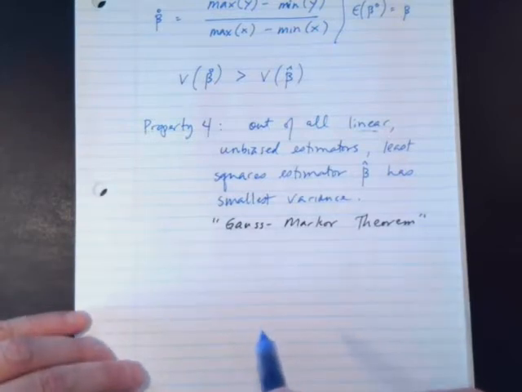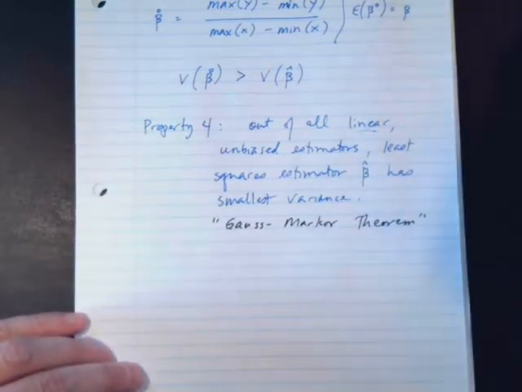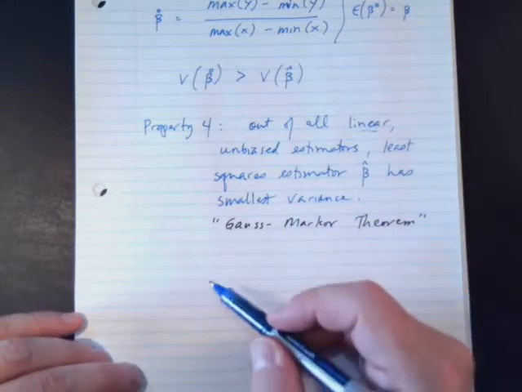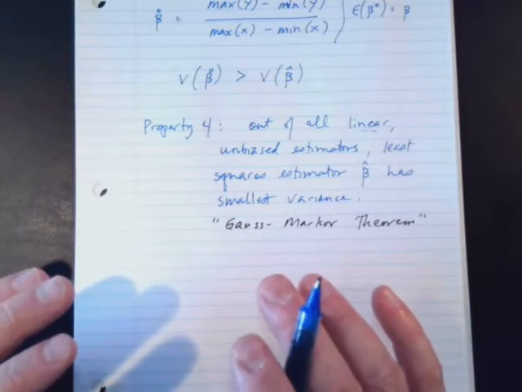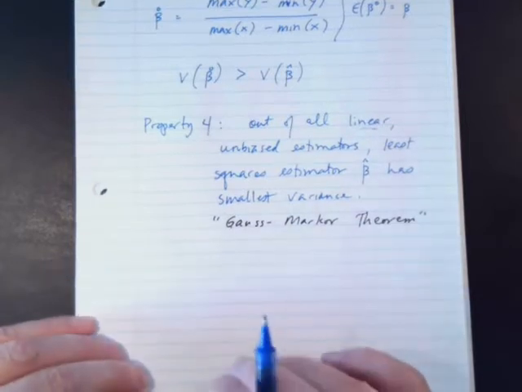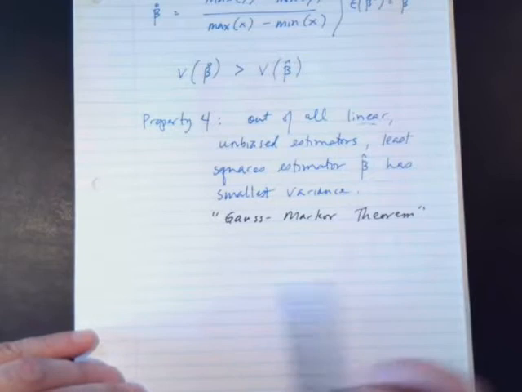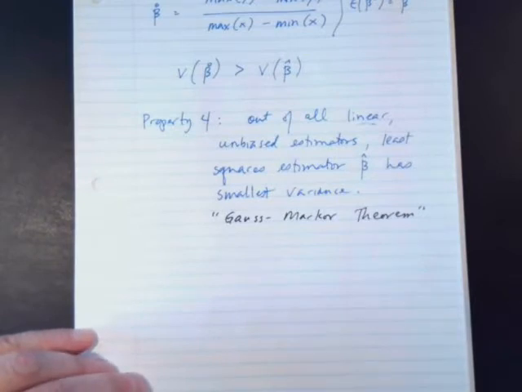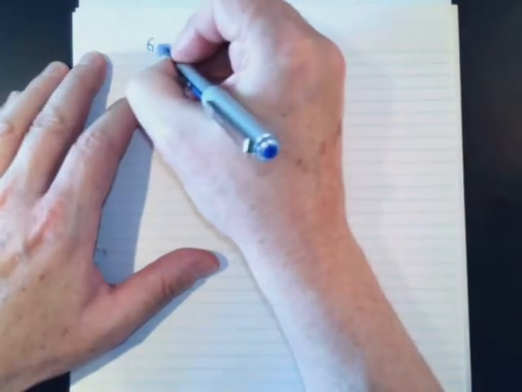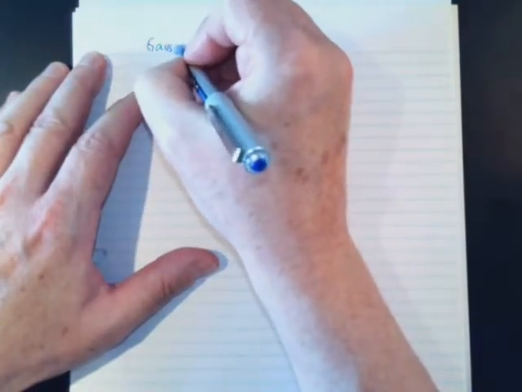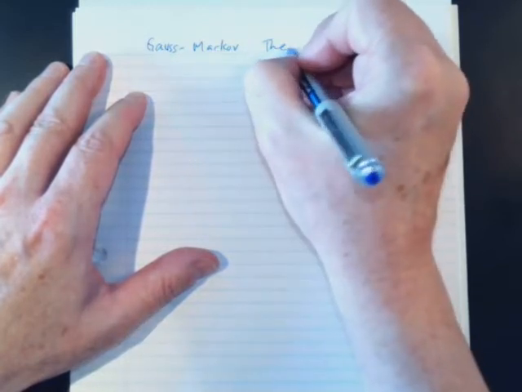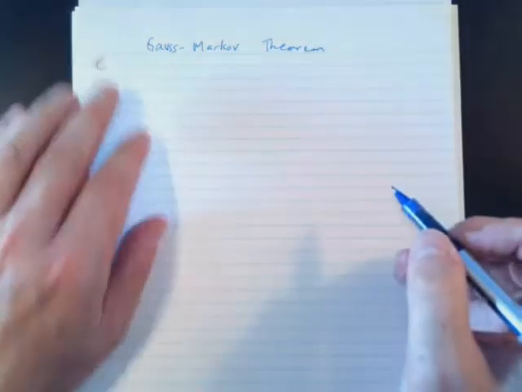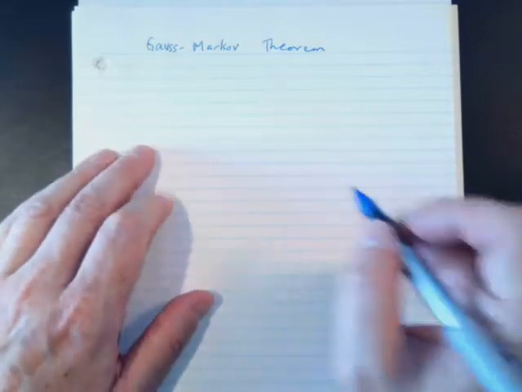So that will be what I do next, and then after that we're going to finish this section by looking at the final property, which is called maximum likelihood. All right, so let's go through the Gauss-Markov Theorem so that you know exactly what it gives us.